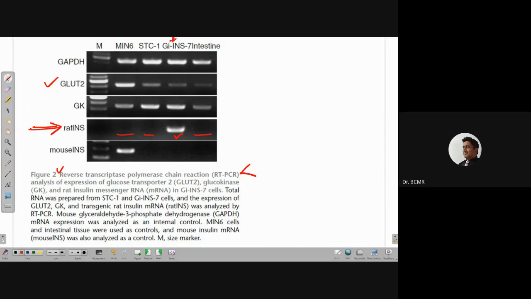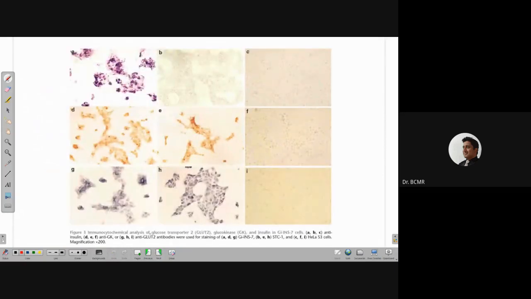And they have eventually gone to put it into the person, or just cells. You can also see that they were able to find out that these cells were producing. So they have used glucokinase. You remember that it is important for conversion of glucose to glucose 6-phosphate. This is anti-insulin antibodies.